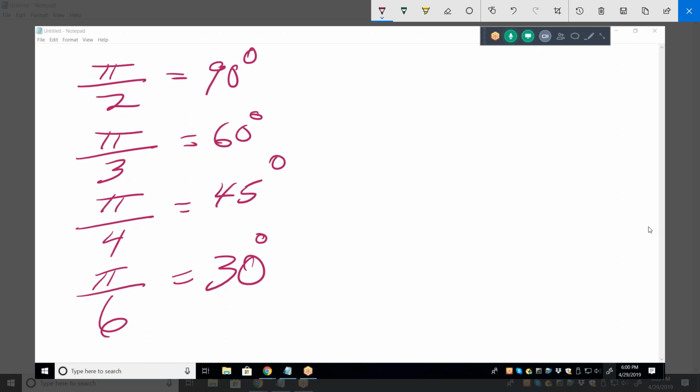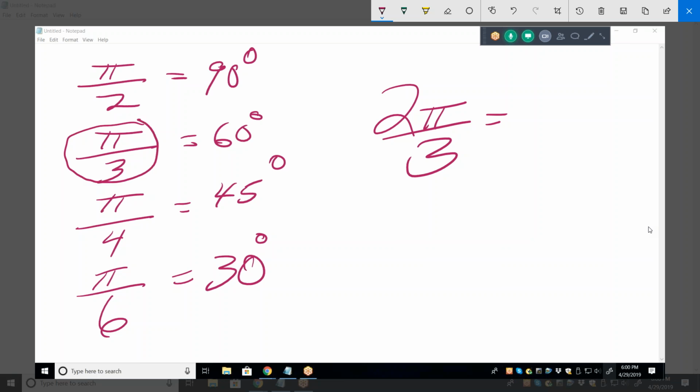And this makes it easier to do even harder ones. You're going to have things like, what is 2 pi over 3 in degrees based on what's on the left? This is 2 times pi over 3. Would it be 120? Yep. And what is 3 pi over 4?